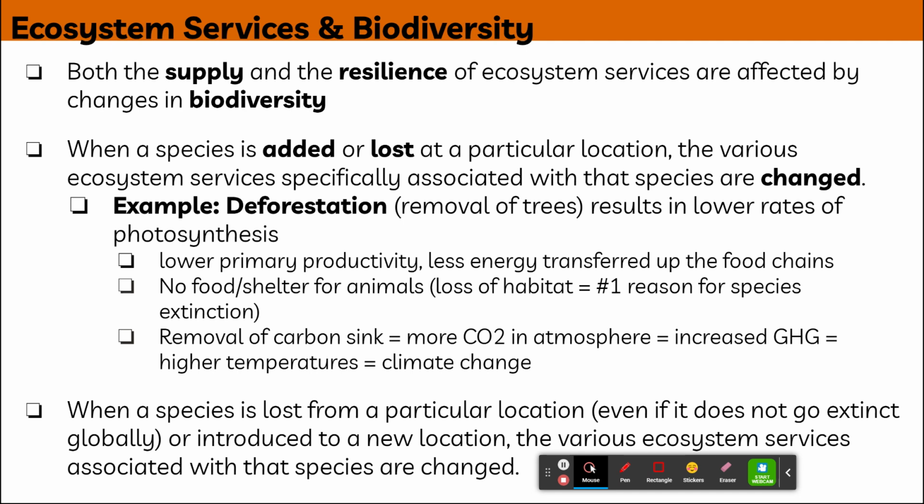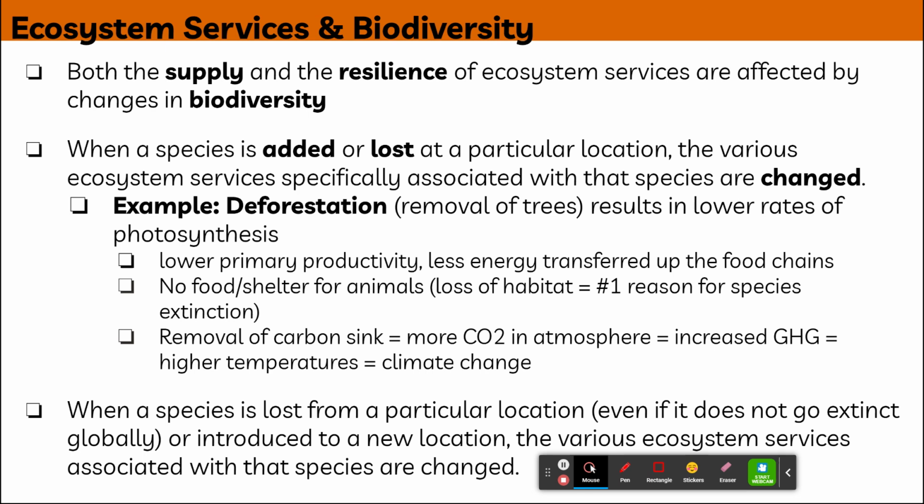So typically human-caused issues such as deforestation, the permanent removal of trees, can result in lower rates of photosynthesis. And now you have this whole chain reaction going on. Because you have lower rates of photosynthesis, you have lower primary productivity, less energy transferred up the food chain.